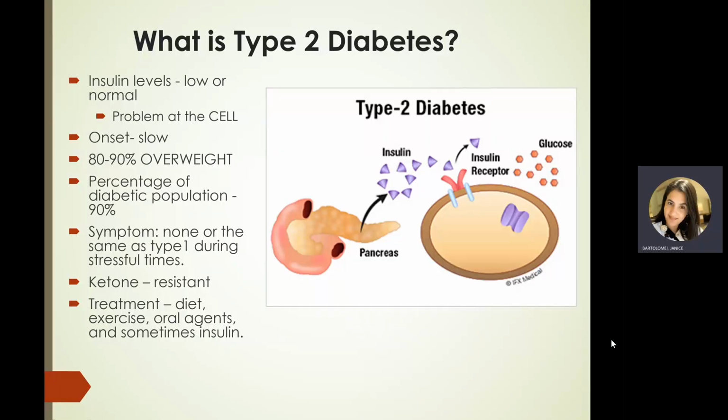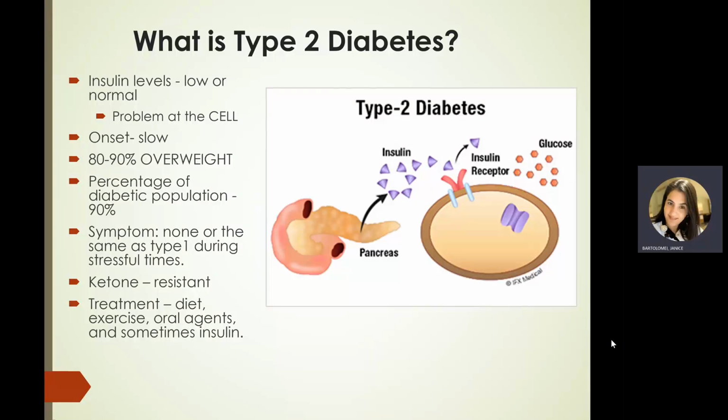So when you think about type 2 diabetics, it could be the pancreas not producing enough insulin, like the key, or perhaps the lock at the cell is not accepting the key. The lock is damaged and doesn't recognize the key.